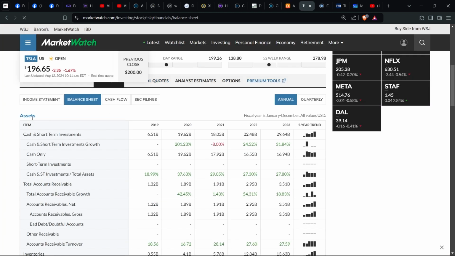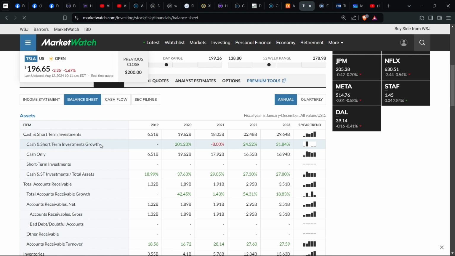Before we go to the receivables, let's check this Tesla page and Tesla's balance sheet. You can see cash and short-term investments, cash and short-term investment growth, cash only, short-term investments, and cash and short-term investments versus total assets. The thing I wanted you to note about why I opened this other website is these growth numbers.